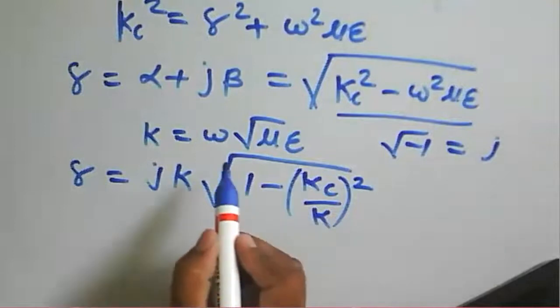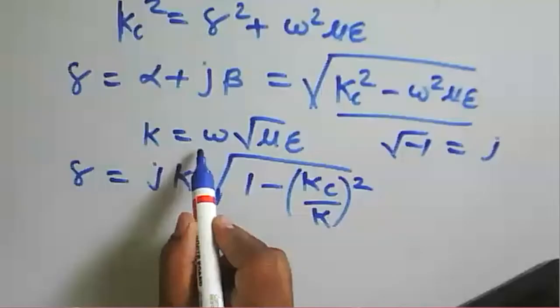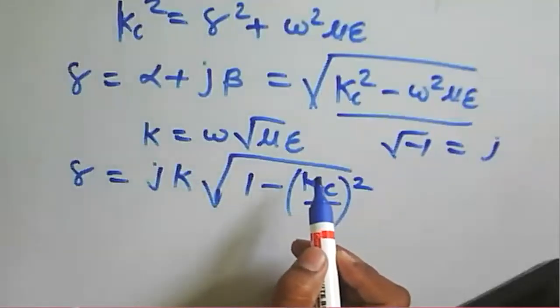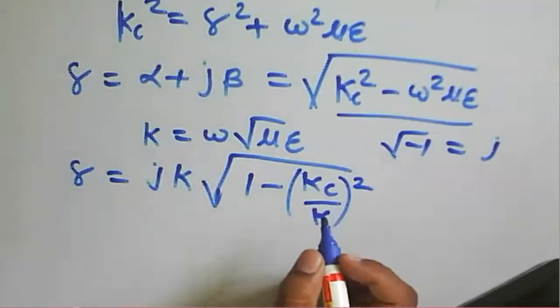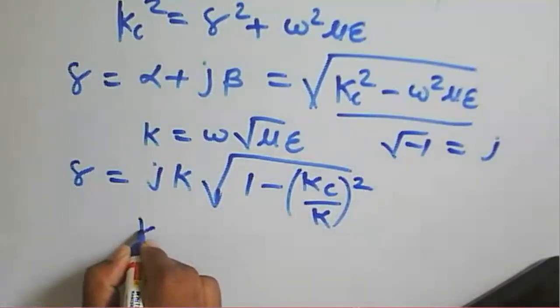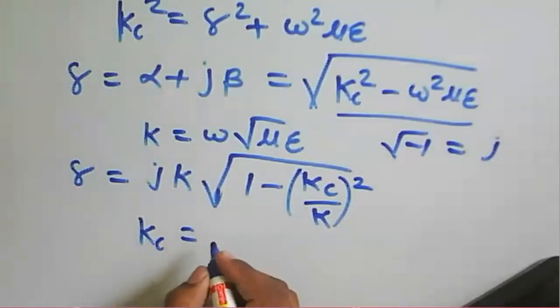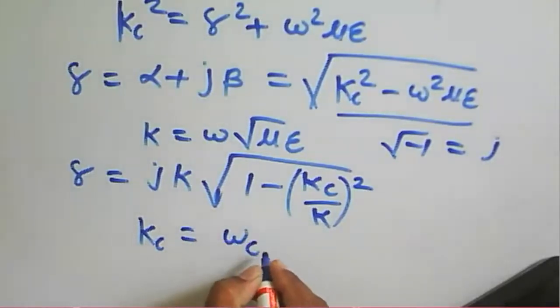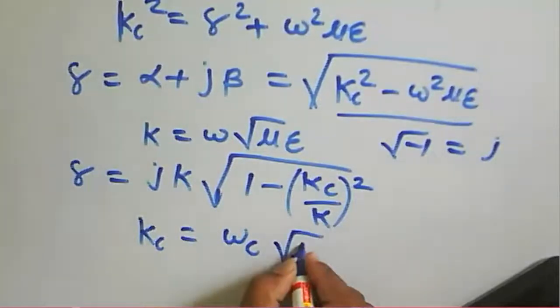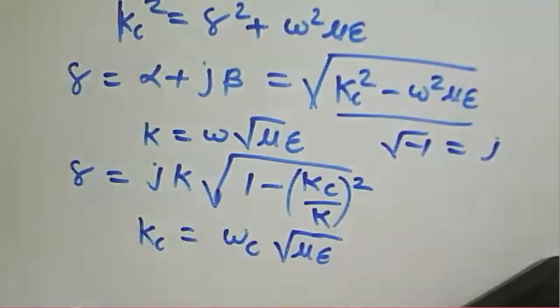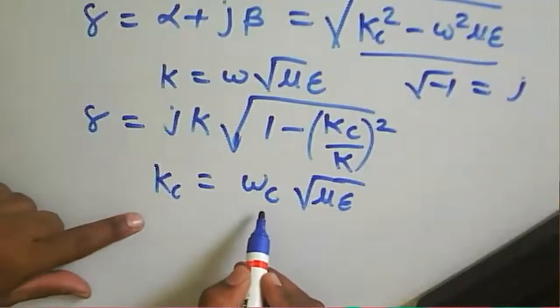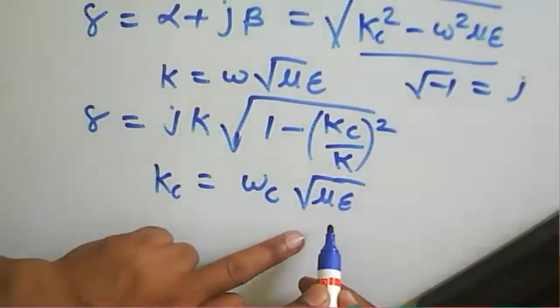So kc is nothing but what? k is omega under root of mu epsilon, and kc, suppose we say kc is equal to omega c under root of mu epsilon.